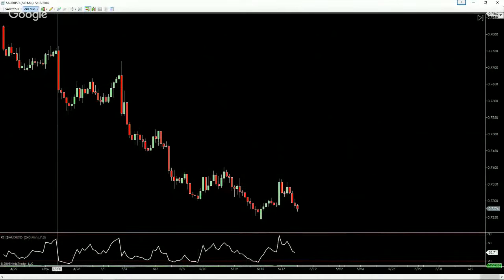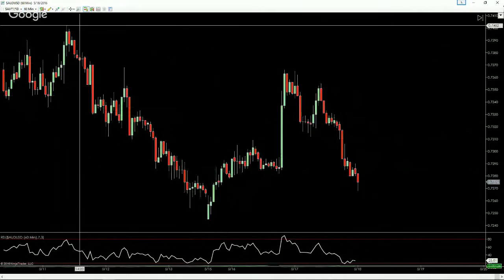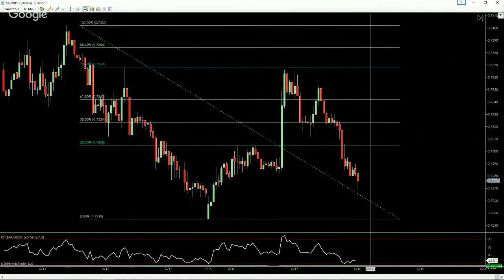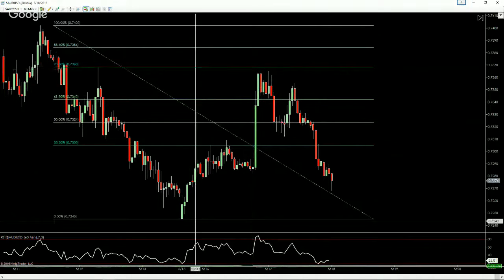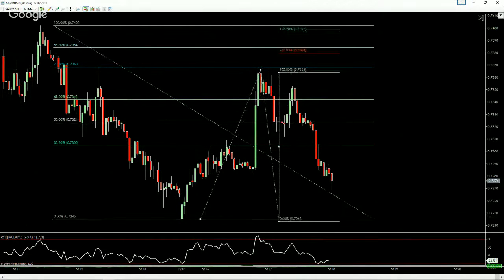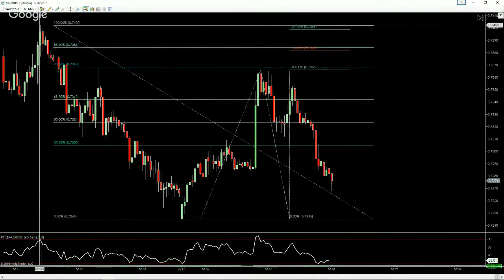No opportunities there. Let's see. This one might be. This one could be another great risk to reward ratio for a Gartley pattern trading opportunity.